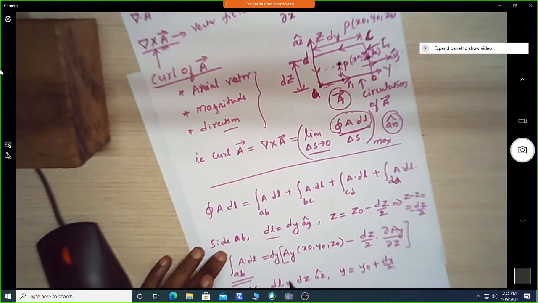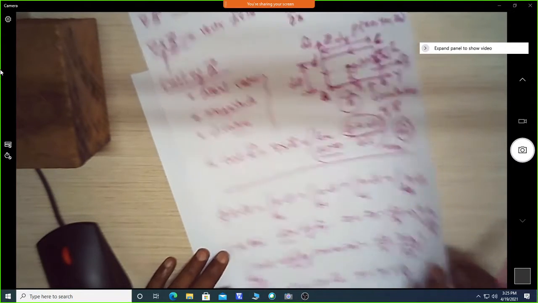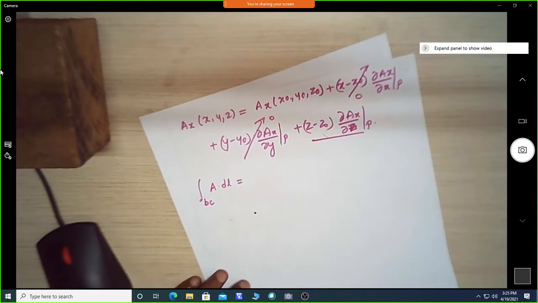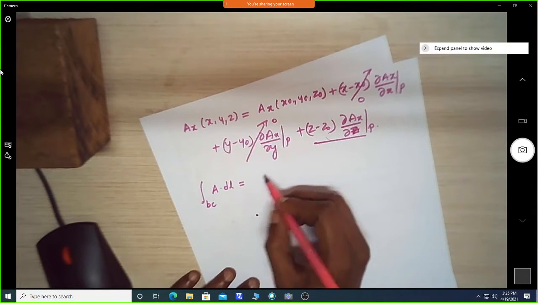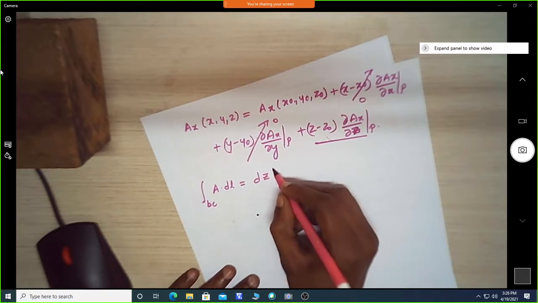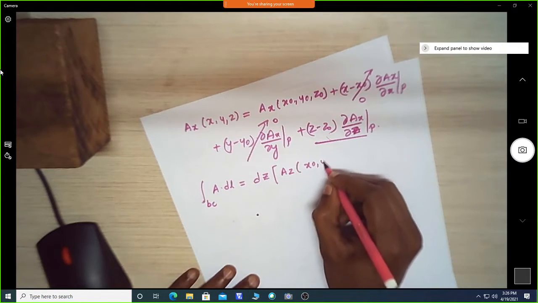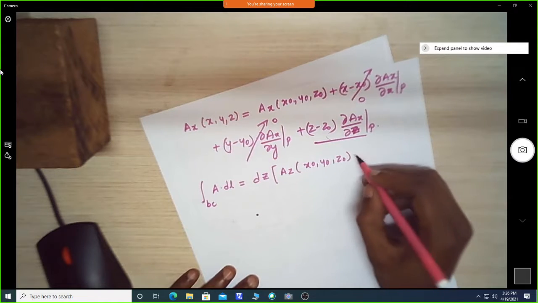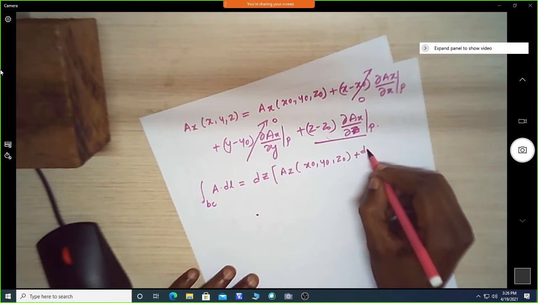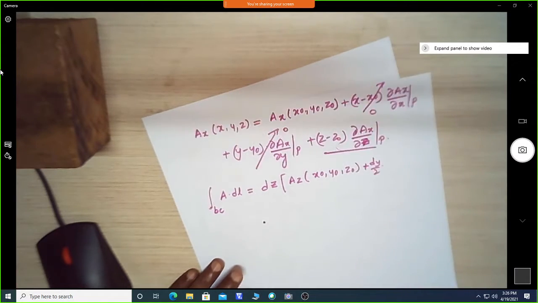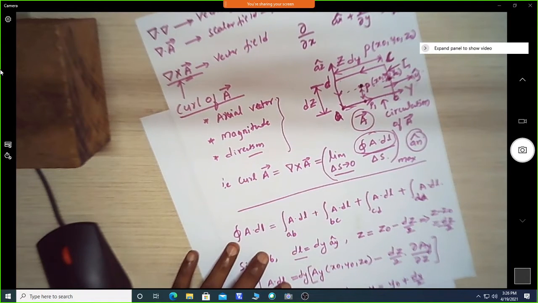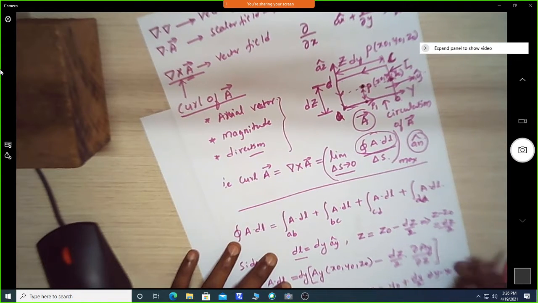Now if I substitute this in the A dot dl expression, we will get A dot dl, which is nothing but dz into the z component of (x naught, y naught, z naught) plus dy by 2. Because if I take y minus y naught, this will give dy by 2.